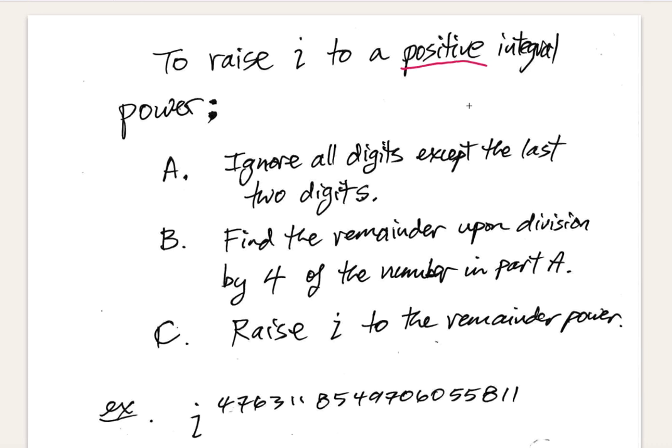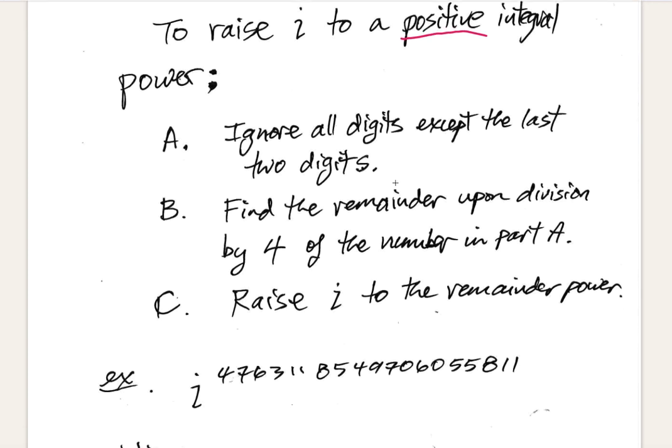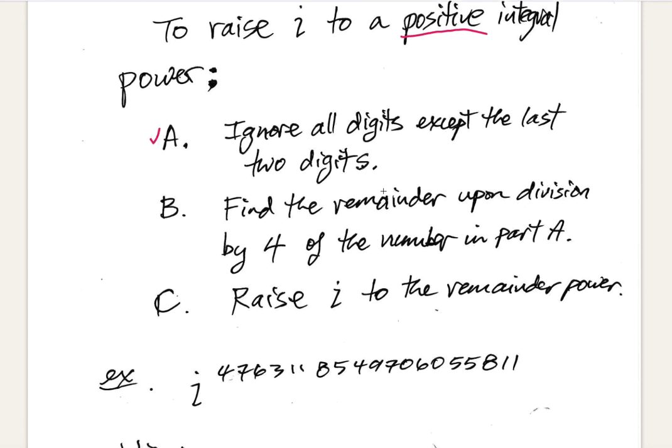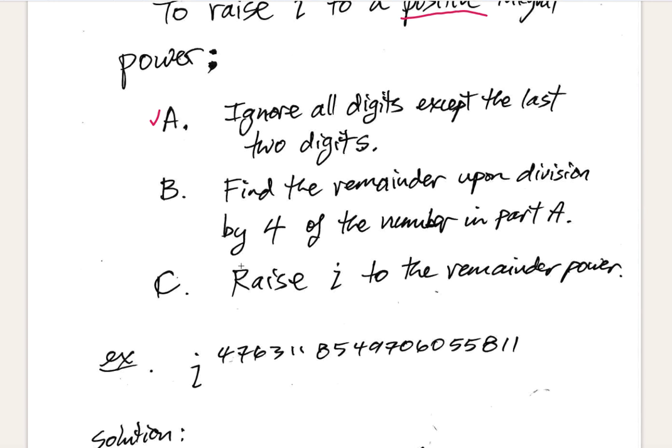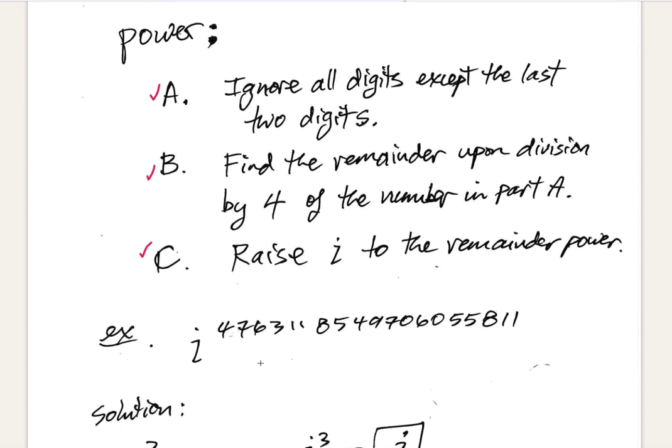But anyways, to raise i to a positive integral power, ignore all digits except the last 2. Find the remainder upon division by 4 of this number here from part A, so the last 2 digits, and then raise i to that remainder power. And you're done.